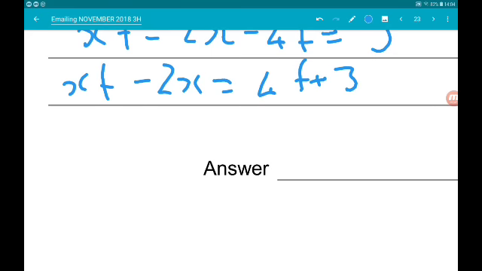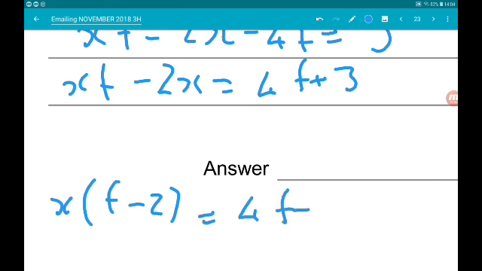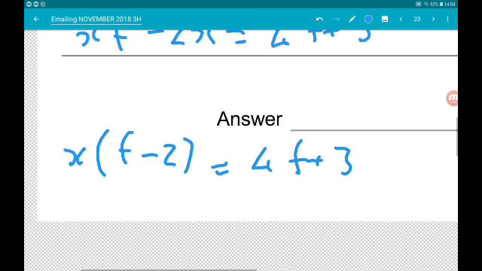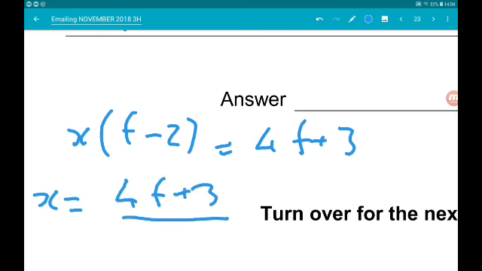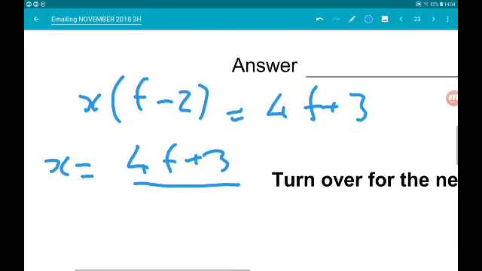So we get x times f minus 2 is equal to 4f add 3, divide by the bracket, x is equal to 4f add 3 over f minus 2.